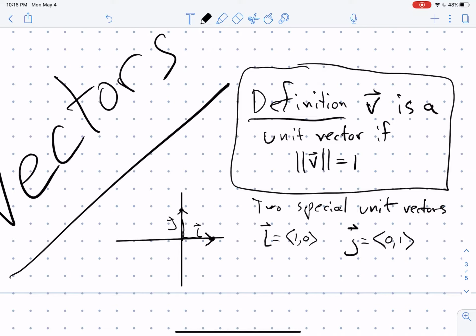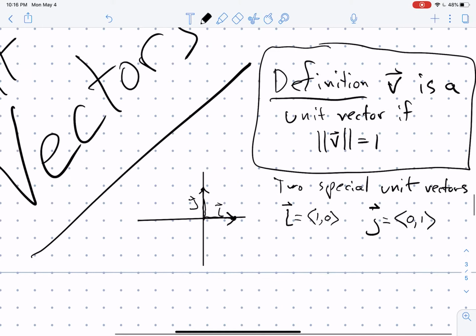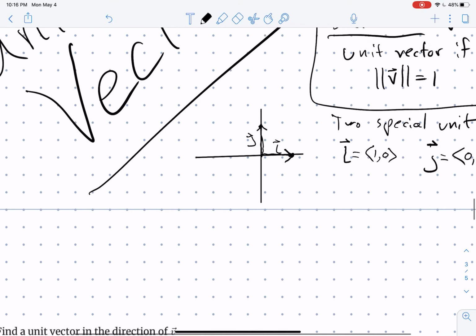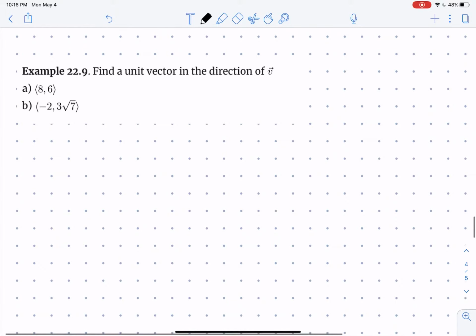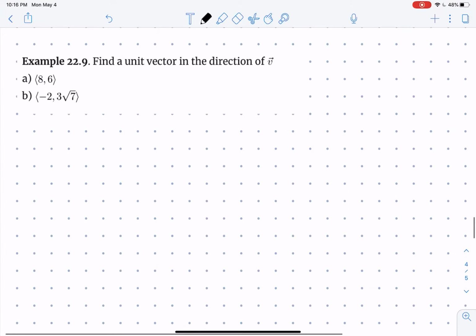All right, let's go ahead. What do we do with unit vectors? Well, one idea is, if I give you a vector, can you tell me the unit vector that goes in the same direction? So if we look at part A here, let me give myself coordinate axes.